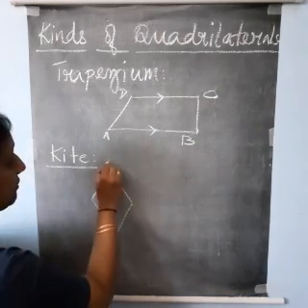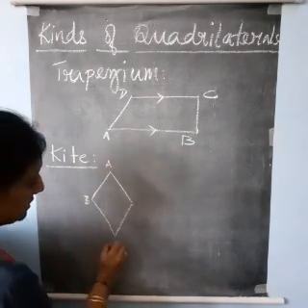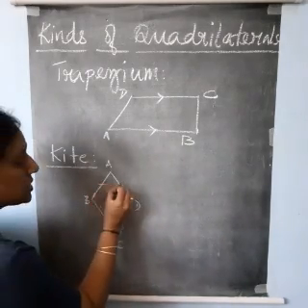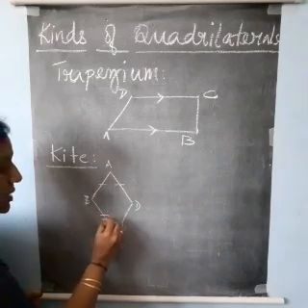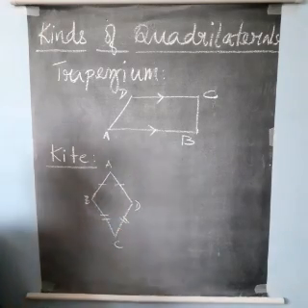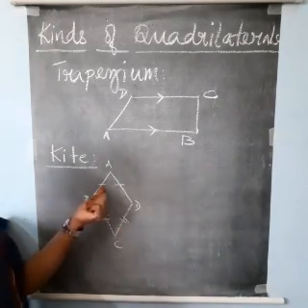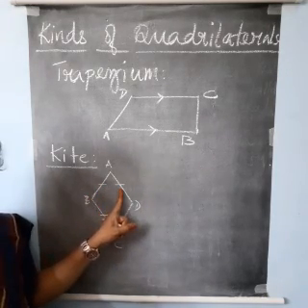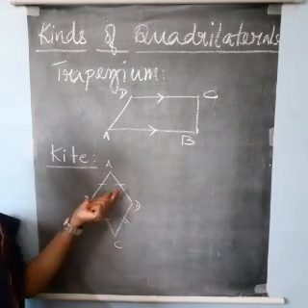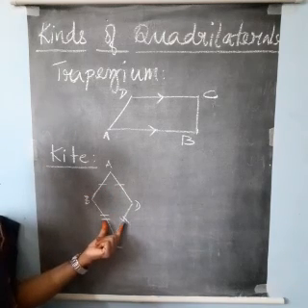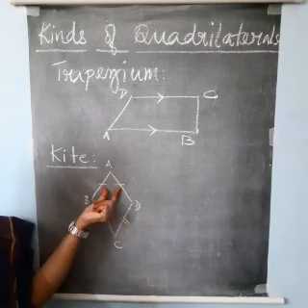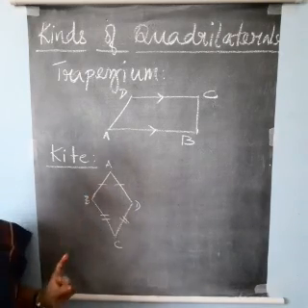Supposing I have a figure A, B, C and D. What will happen is, these two sides will be equal and these two sides will be equal. Meaning, a pair of consecutive sides, consecutive means next sides, which are equal, and they must be distinct from these two sides. These two sides also will be equal and they will be different from this. You understand? Then it is called a kite.